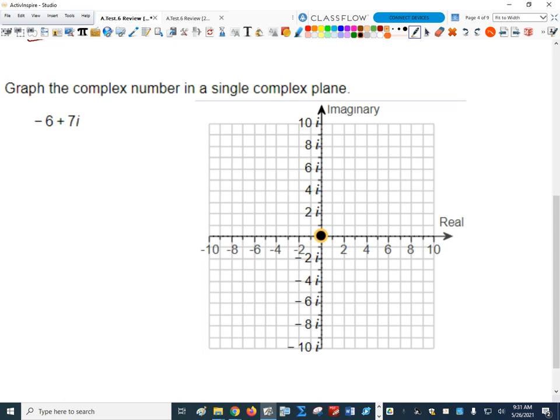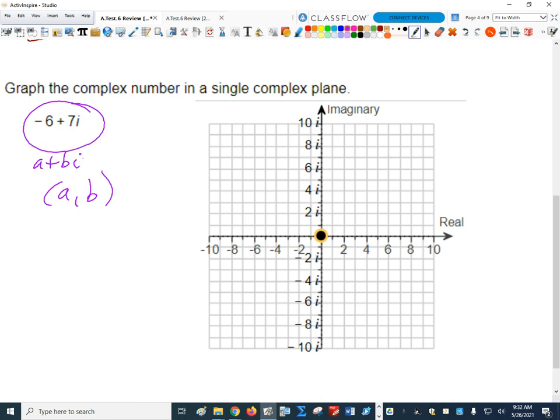All right, so now graph the complex number in the complex plane. Where would I graph the complex number -6 plus 7i? Yeah, right. The whole point here is that the coordinates in the complex plane are ordered pairs of the form (a, b), where this is a plus b times i.